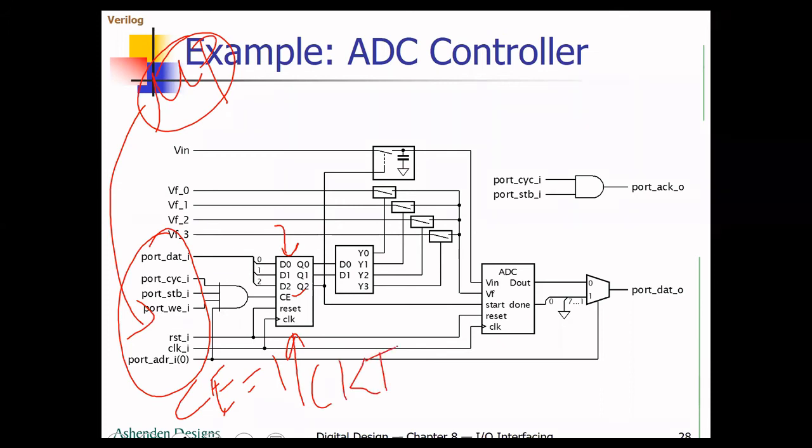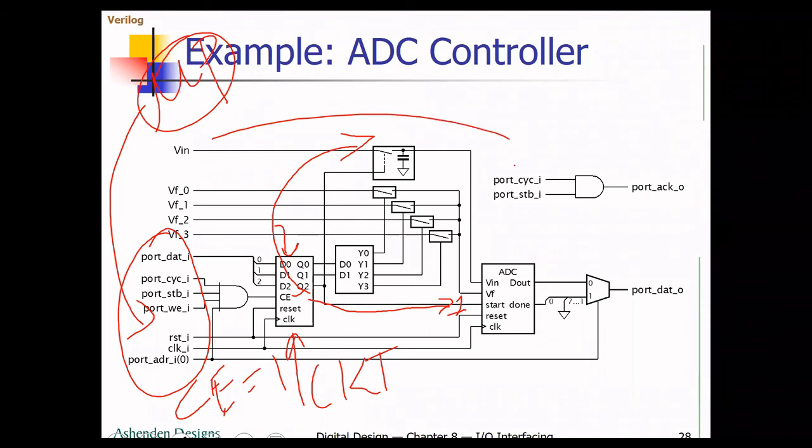If this circuit is working, Q3 will be 1, Q2 will be 1. If Q2 is 1, it tells the ADC to start, and in the same way it tells Vin to get connected to the ADC.